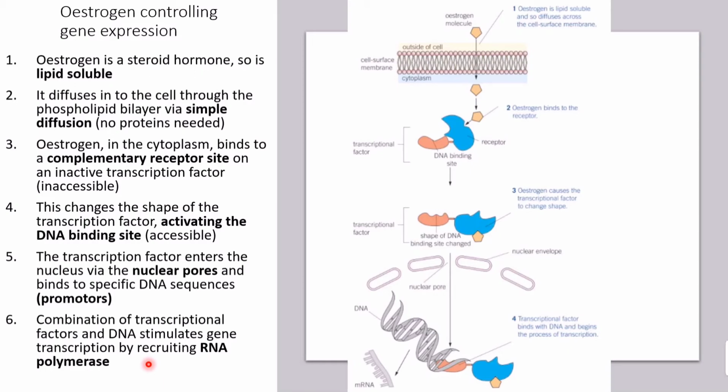So this means that estrogen controls gene expression because it opens up our transcription factor by binding to a receptor site on our transcription factor, opening it up, allowing our DNA binding site on our transcription factor to be able to bind to our DNA to recruit these RNA polymerases to start gene transcription.